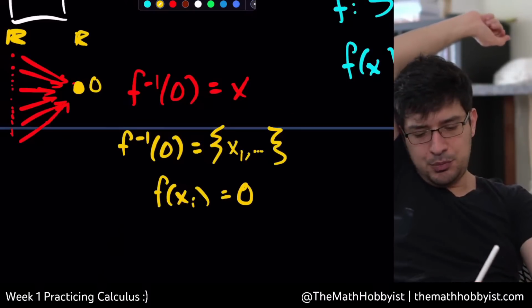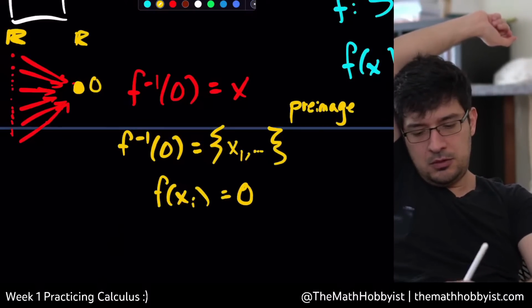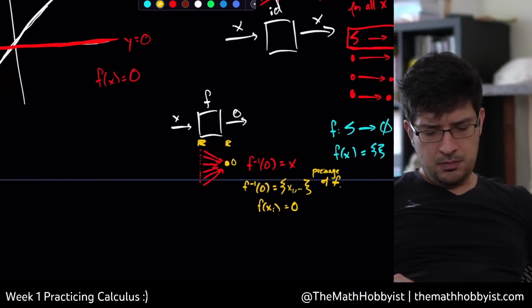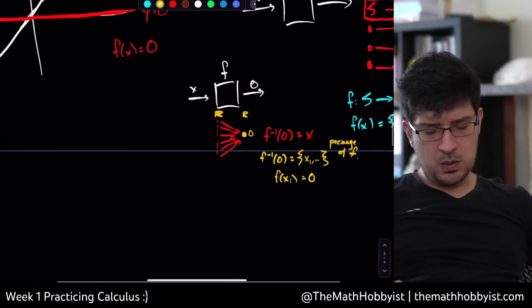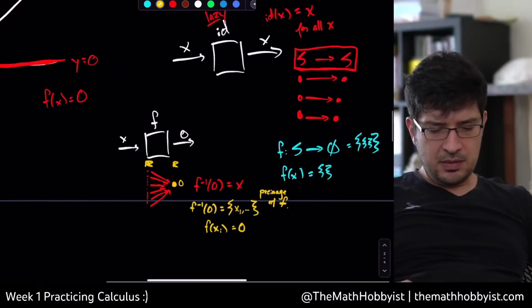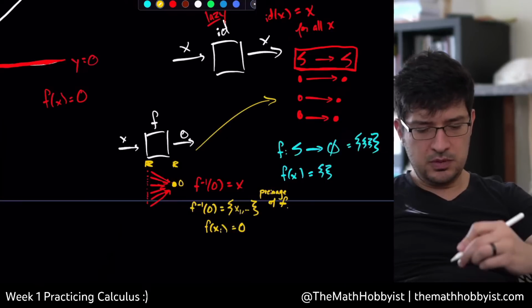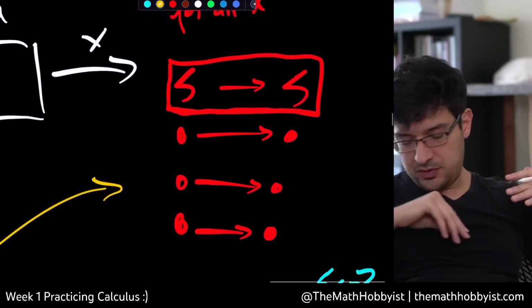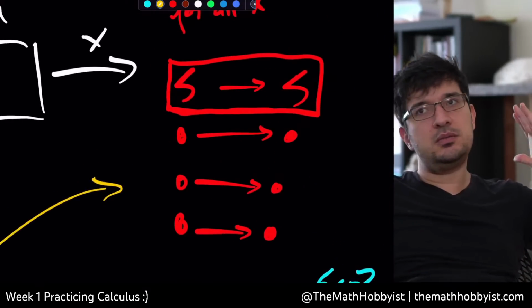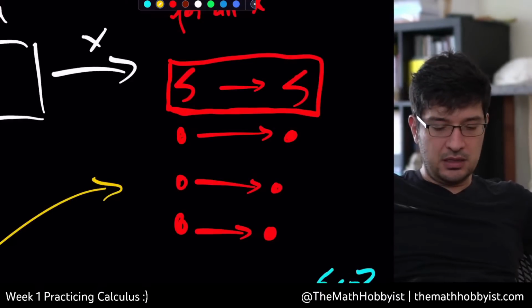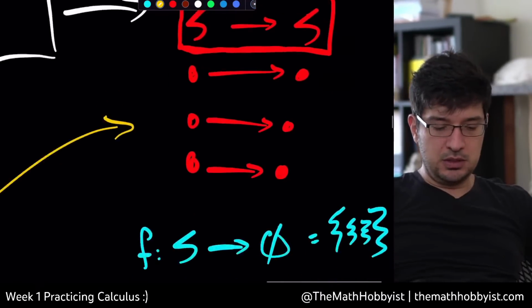This is called the preimage of f. Okay, so this is in some sense the opposite of this one. This other one preserves all information. It doesn't do anything to the world it was given. It returns you the same exact world.